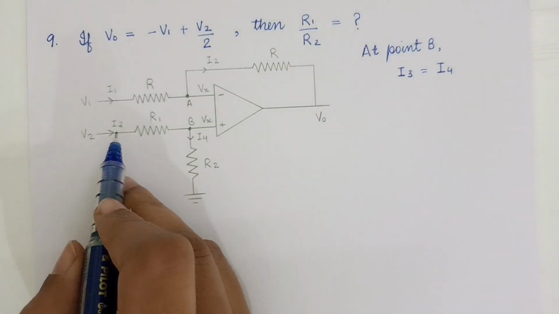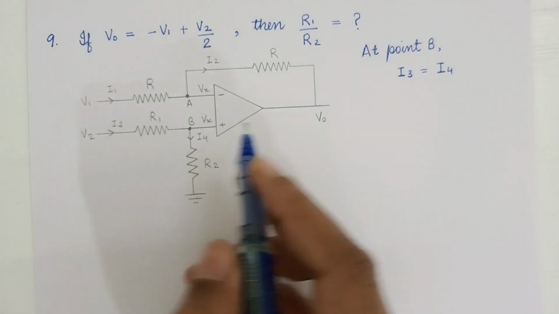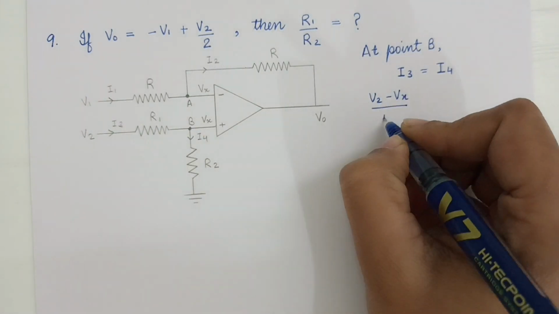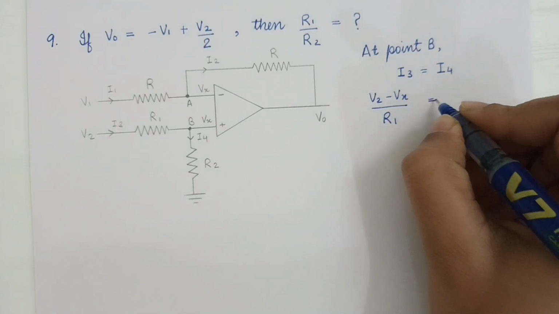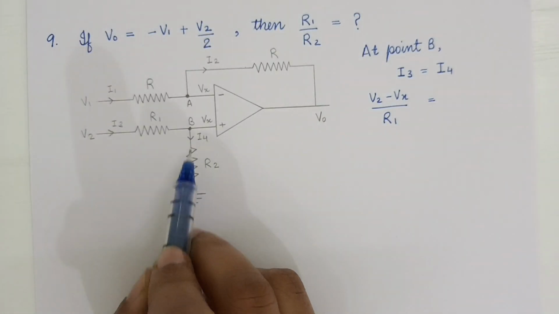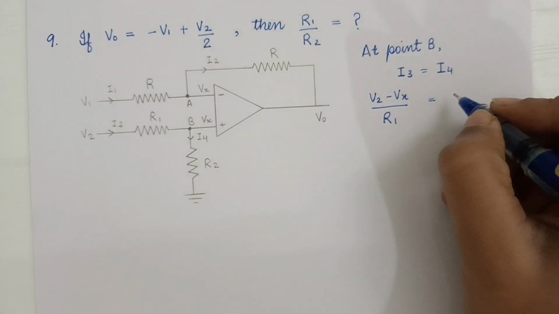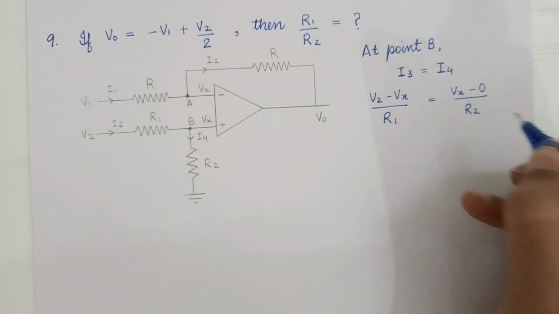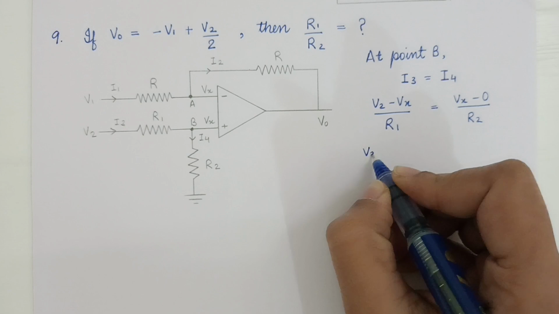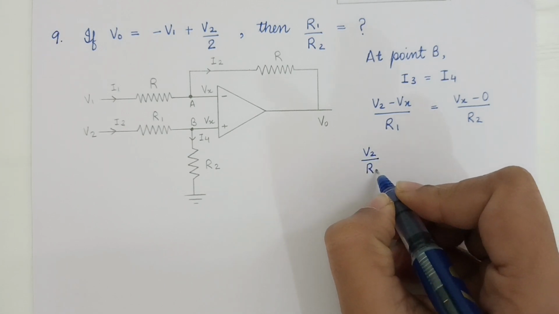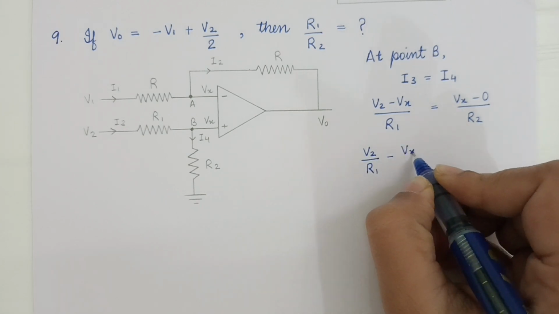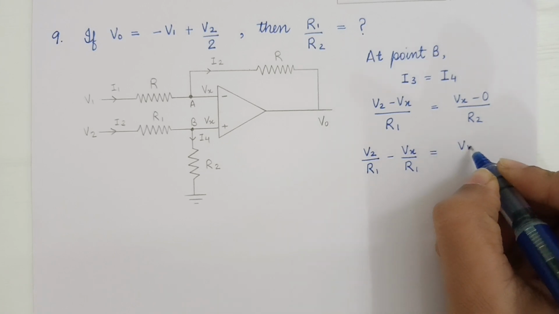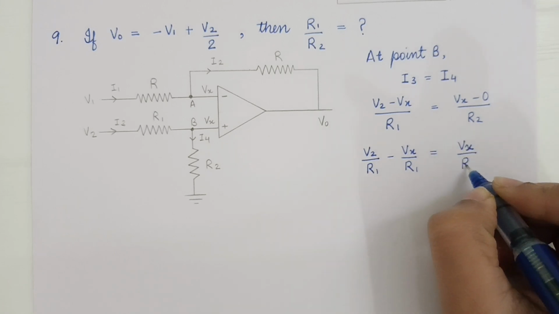So for I3, V2 minus Vx divided by R1 is equal to, for I4, we have Vx minus 0 and resistance is R2. So let's divide: V2 divided by R1 minus Vx divided by R1 is equal to Vx divided by R2.